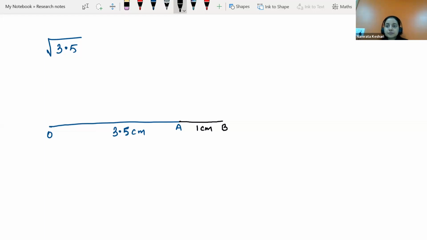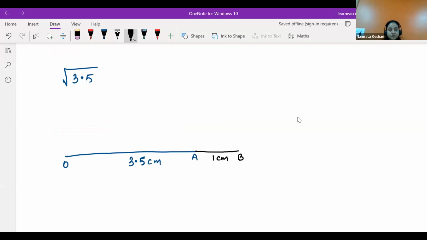Done. Ma'am, should we take the length as 3.5 centimeter? Whatever is reflecting, 3.5. Then we have increased the length by 1 centimeter. Oh, okay, ma'am. Done so far? Yes, ma'am.